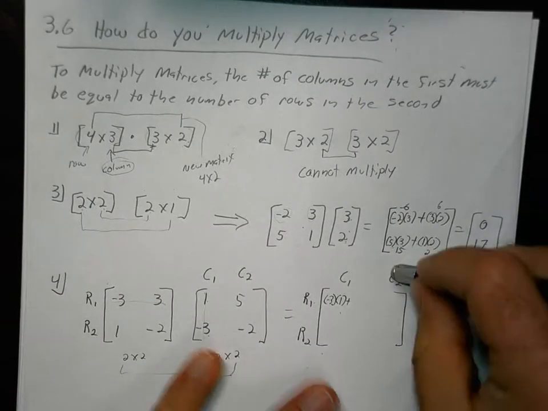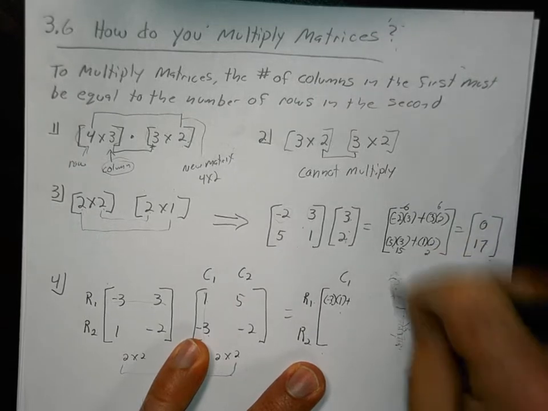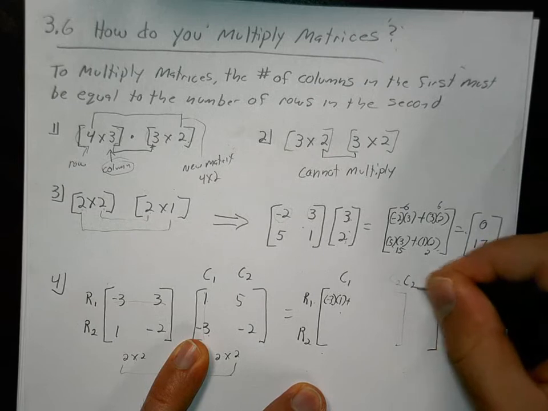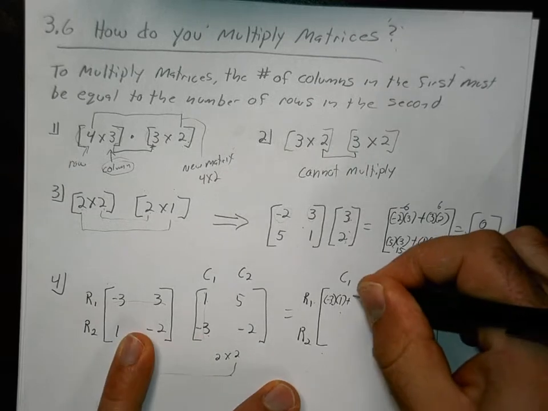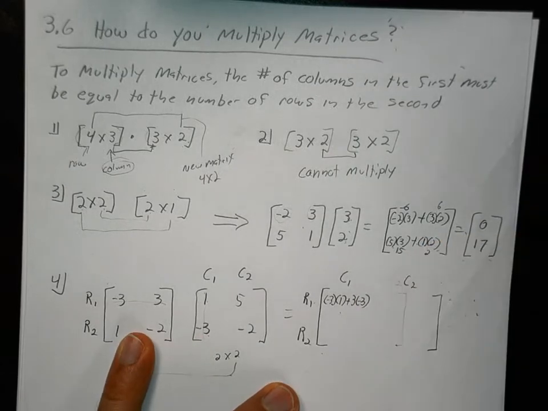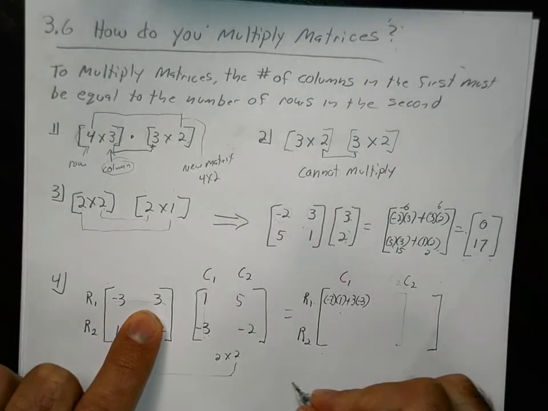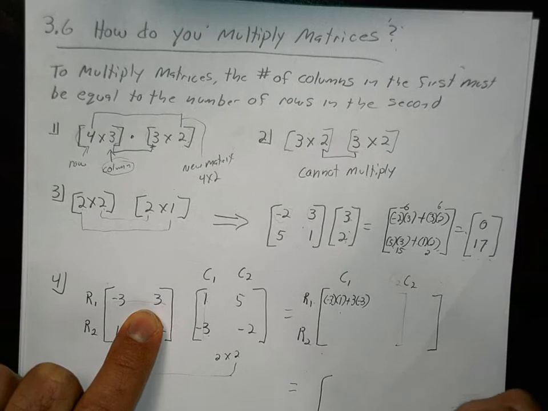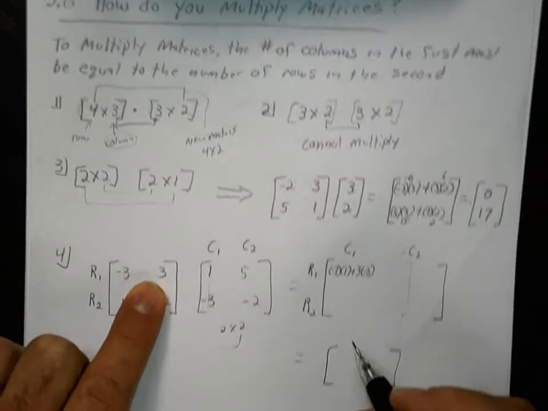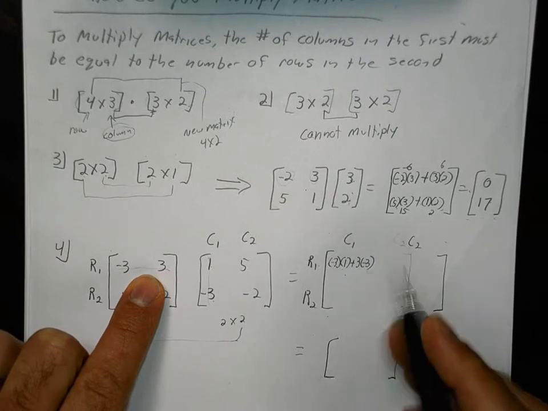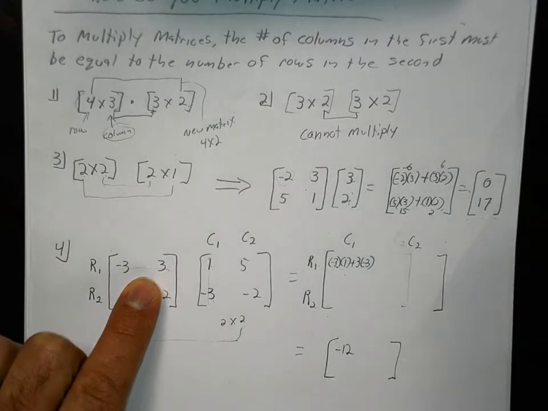I'm going to make this just a little bit bigger. Okay, so that's row 1, column 1. And we'll just go through it and write the answer down here. So I got negative 3 and a negative 9 is negative 12.